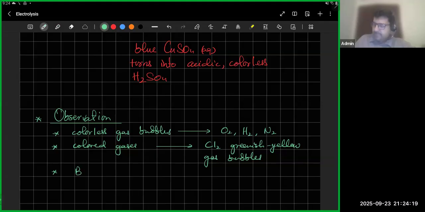Remember, that's a red brown liquid. And it's a volatile red brown liquid. Or you can also write red brown vapors. Volatile means that it evaporates very, very quickly.